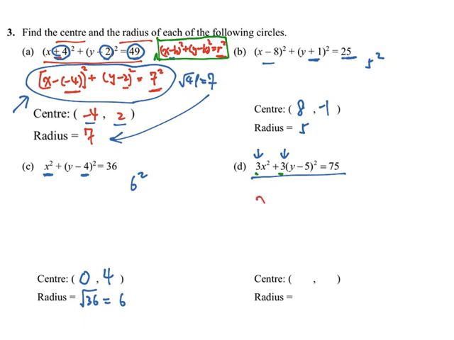So it becomes x squared plus (y minus 5) squared equals 75 divided by 3, because we need to cancel this 3. So 75 divided by 3 is 25. Then we can find the center is (0, 5), and the radius is 5.